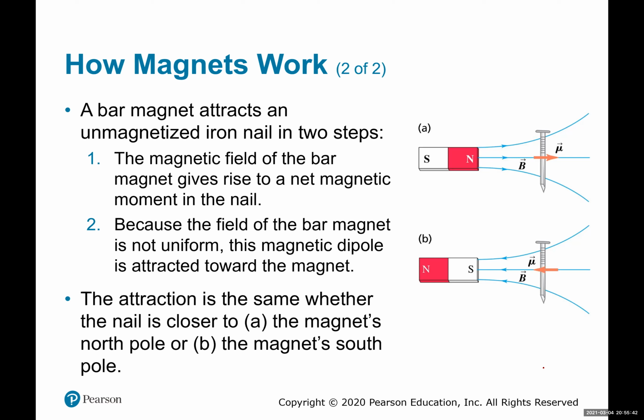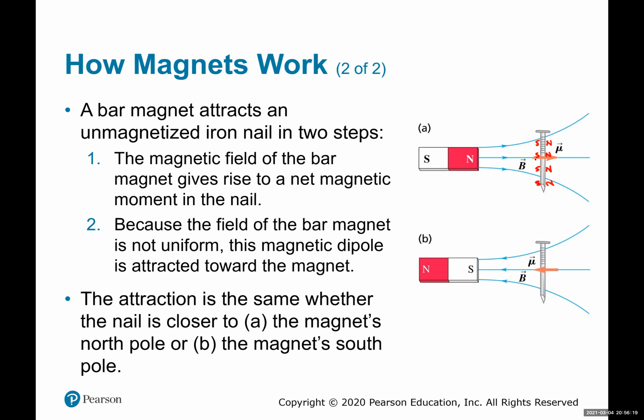As we expose the atoms of the nail to the external magnetic field, their own atomic dipole moments tend to align. Their south poles tend to be attracted towards the external north, which means their north poles point away, and the magnetic dipole moment is drawn from south to north.